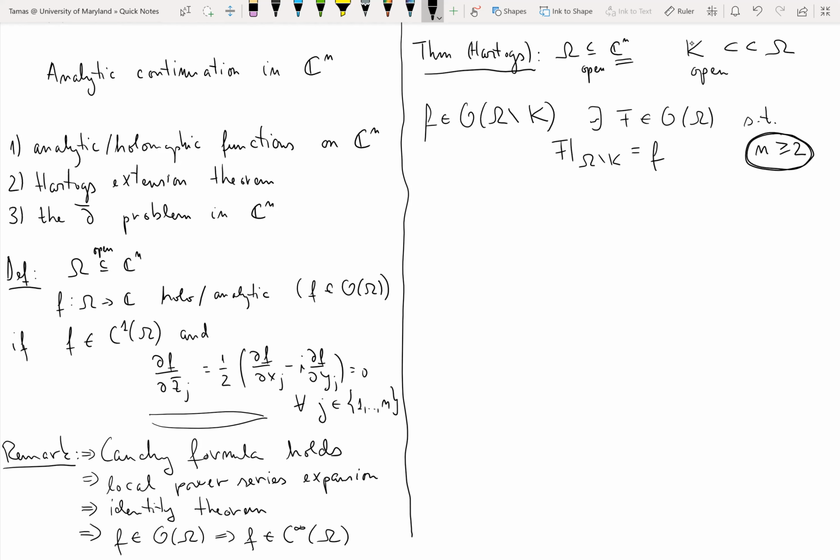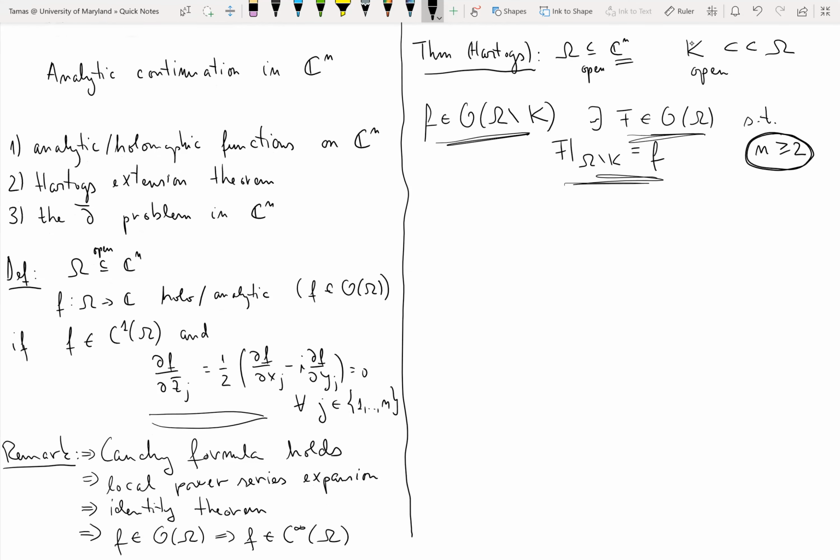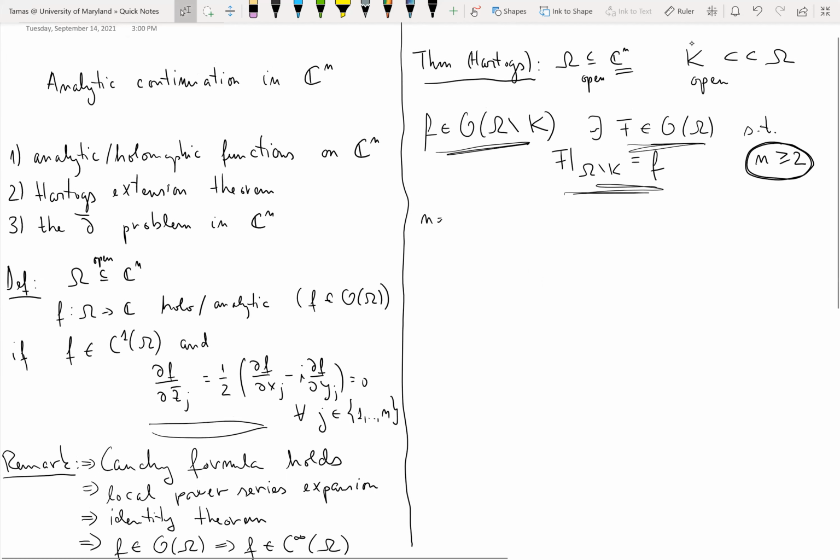So if you are holomorphic on omega minus K, then you can find a holomorphic function on omega that extends your original function. So as we know, in n equals 1, this is simply not true.